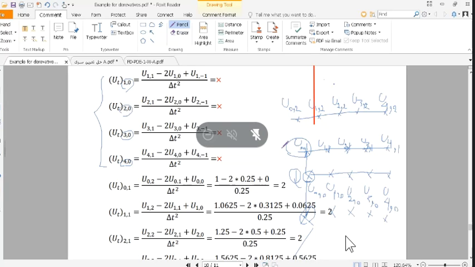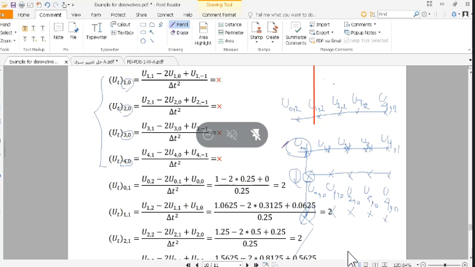For the next point, we are trying to compute utt 1 and 1. We should use u1 and 2 in the next line, in the next row, and also u1 and 0 in the previous line, and also u1 and 1 at the same line.